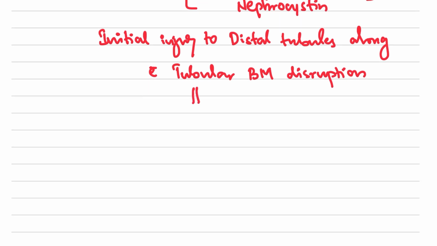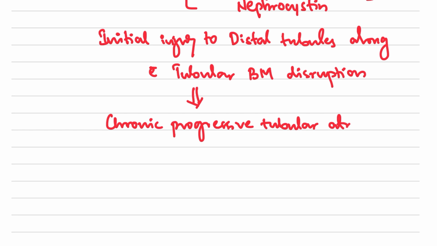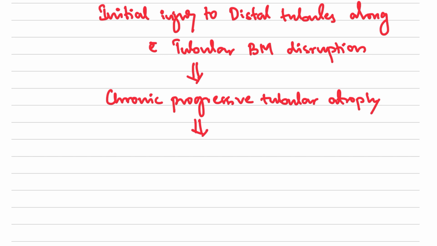This further leads to chronic progressive tubular atrophy. Finally, this leads to cortical tubulointerstitial damage as well as fibrosis.